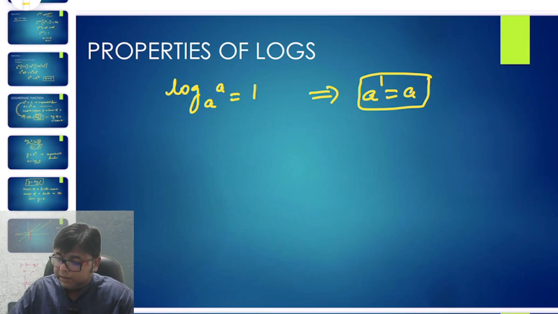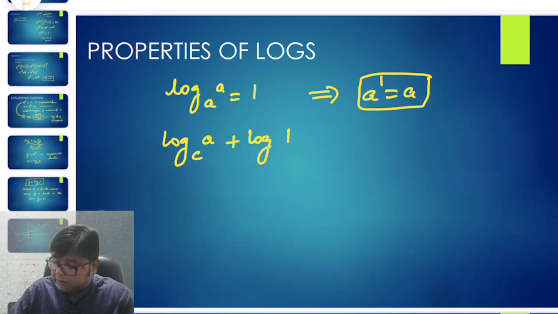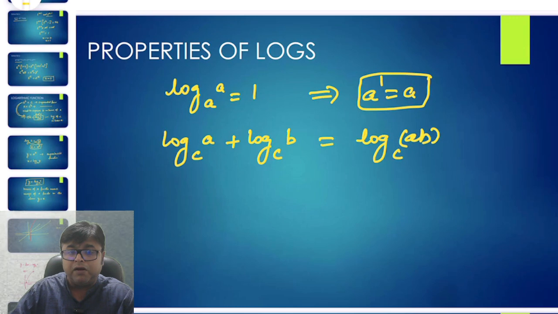Then log of a in some base c plus log of b in base c: the property will only be applied when bases are the same. So it becomes log of ab in base c. If you have a lot of log values with the same base and you're adding them, it converts to a single log with the same base, but the numbers get multiplied.